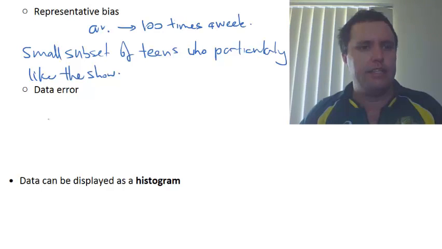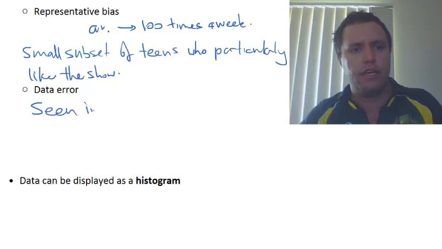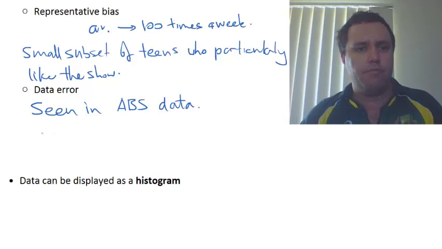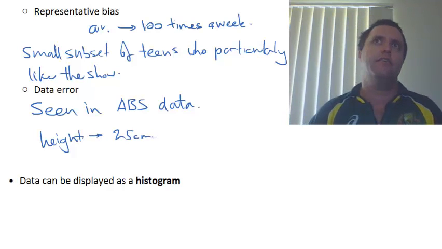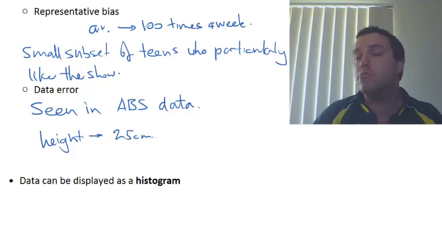Right, again, data error. This is a simple one, and you've probably seen this in your ABS data that you took off the internet for your assignment, that some people's height was recorded as like 25 centimeters. Okay, now that's probably an error.